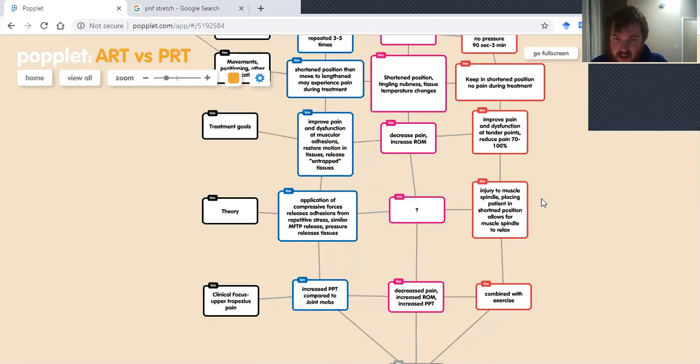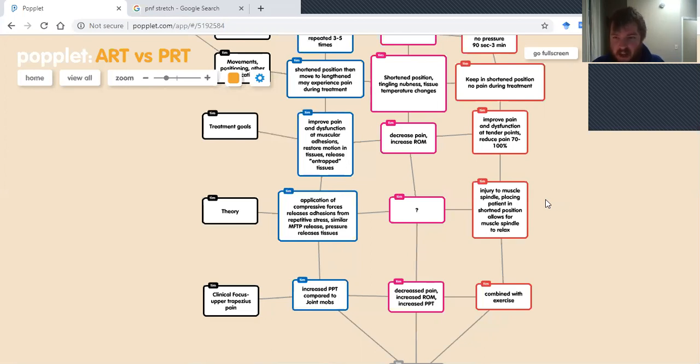So the theory behind PRT is that basically an injury occurs to the muscle spindle, and the muscle spindle is in charge of sending to the brain the length of the tissue. That's kind of the whole job of it. So that muscle spindle has been damaged.